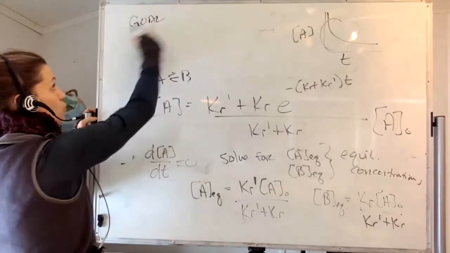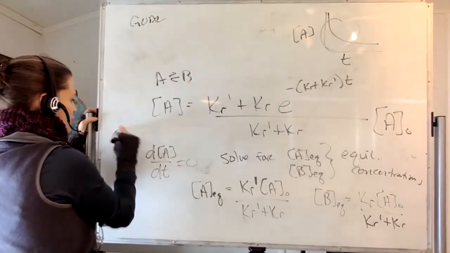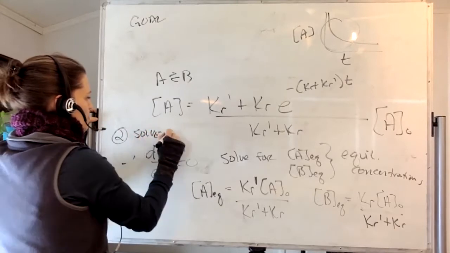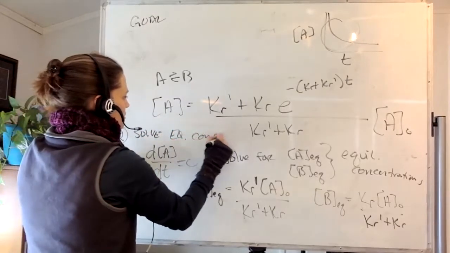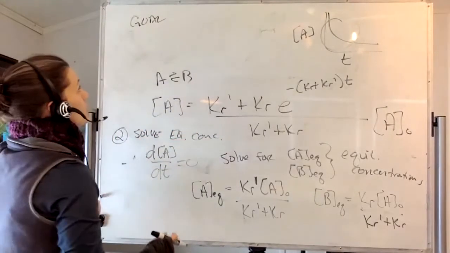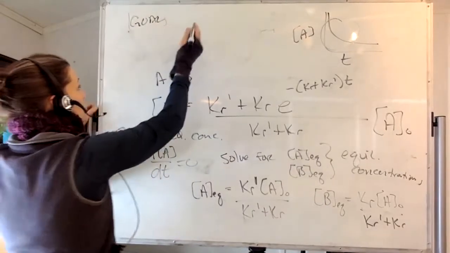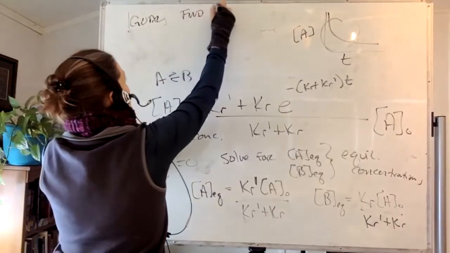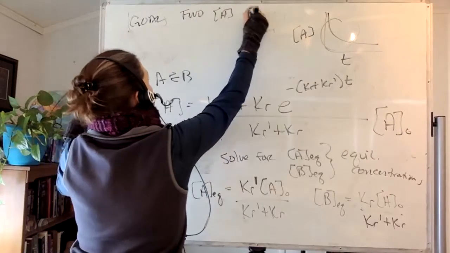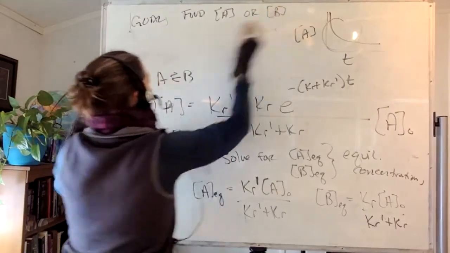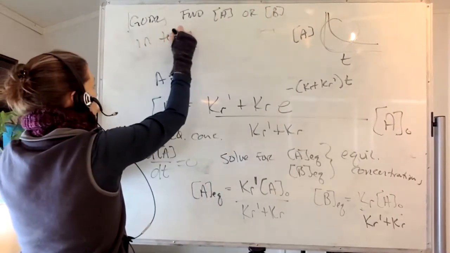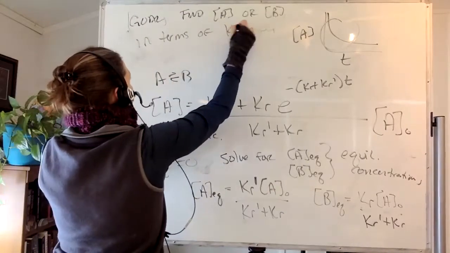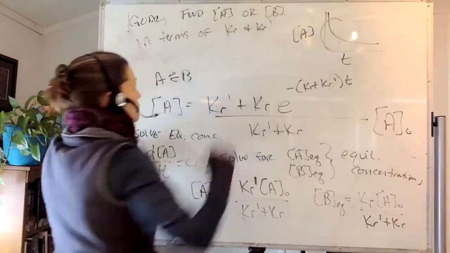And I should have said there was a 1, which was solve the differential equation. 2, this is solve for equilibrium concentrations. So that's step 1 and step 2. The overall goal of this is to find the concentration of A or the concentration of B in terms of Kr and Kr prime.